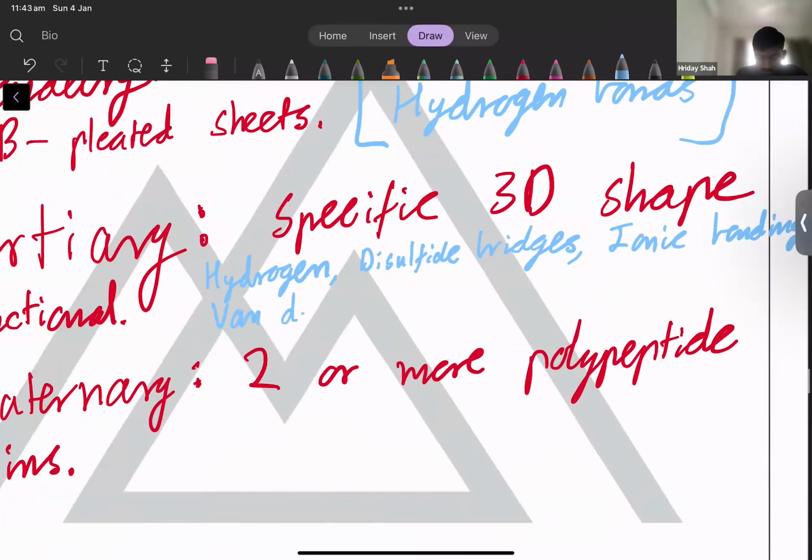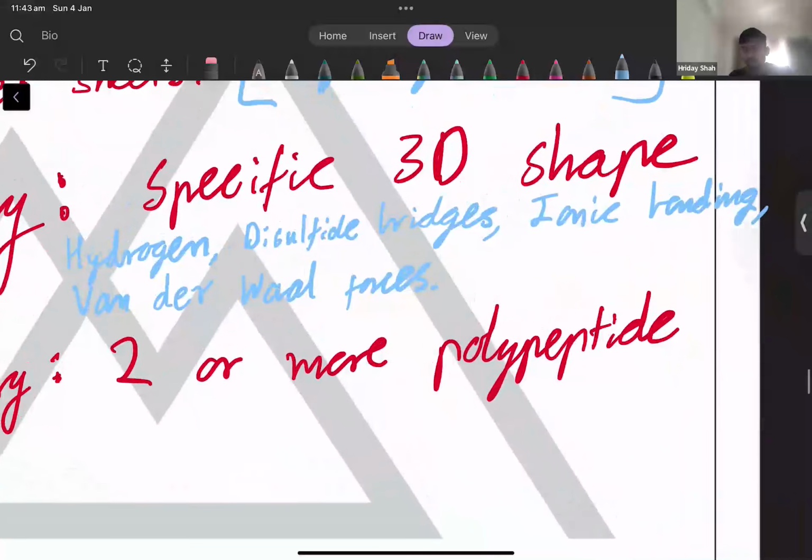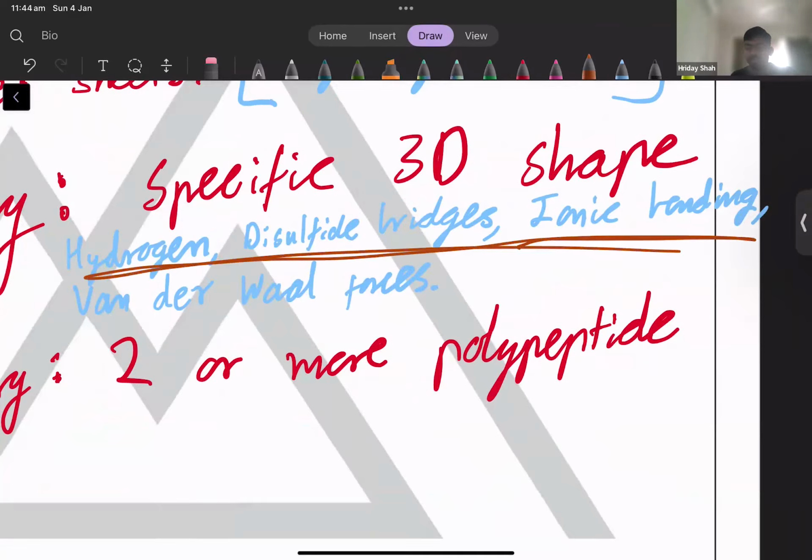Van der Waals forces. You must know hydrogen and disulfide bridges. They're the most important. The other ones you don't really need to worry about because you won't explore them in more depth. I think ionic bonding is a good one to know so that you get 3, which is the maximum they've asked for before.